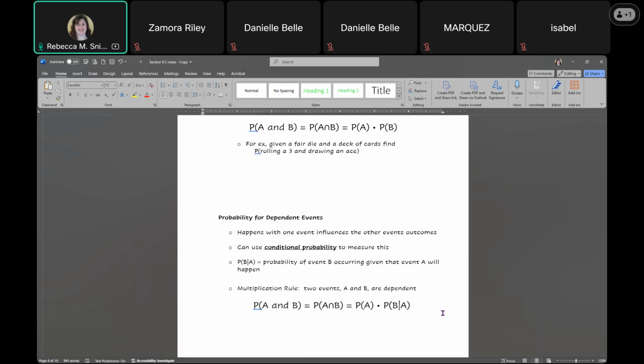Okay. Versus if I take that same deck and I draw a card, but then I put it back in the pile. When I draw my second card, I still was drawing from 52 cards. So that's the difference kind of between an independent event and a dependent event.